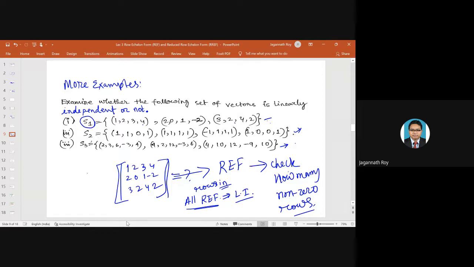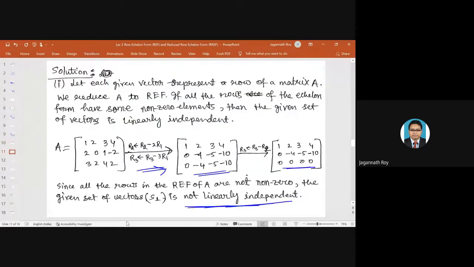In matrix form you get 3 rows, row 1, row 2, and row 3, and we are getting only 2 non-zero rows. That means only 2 vectors will be linearly independent.